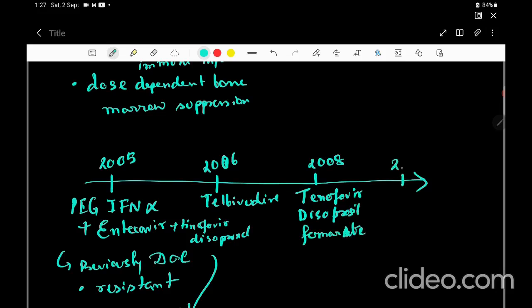And from 2016 onwards we used tenofovir alafenamide, and until today we use tenofovir alafenamide.